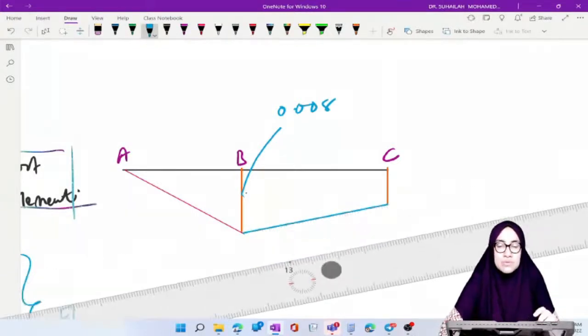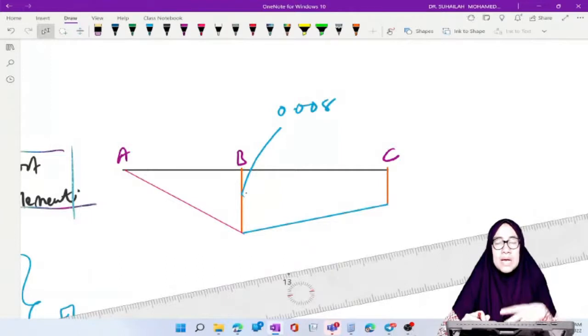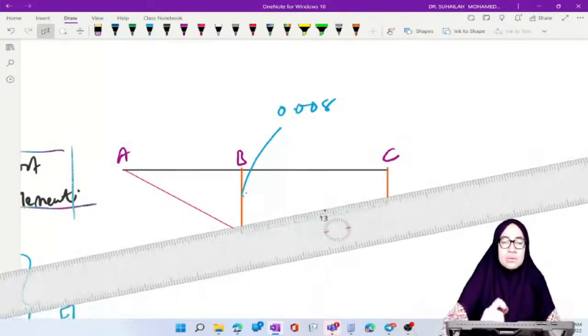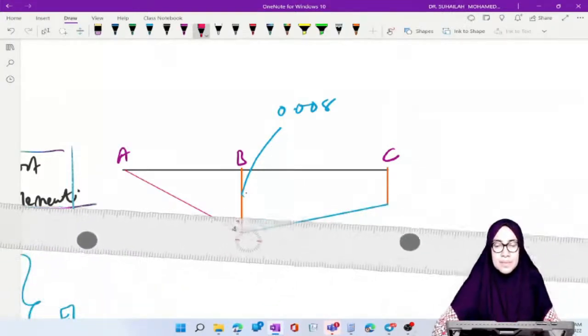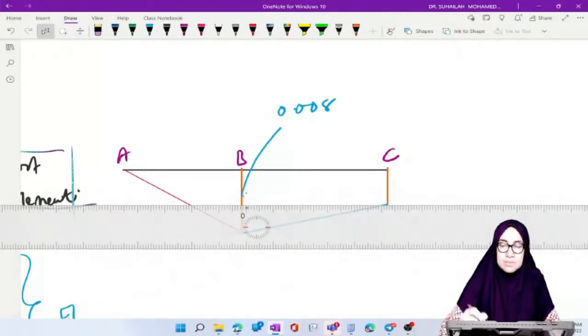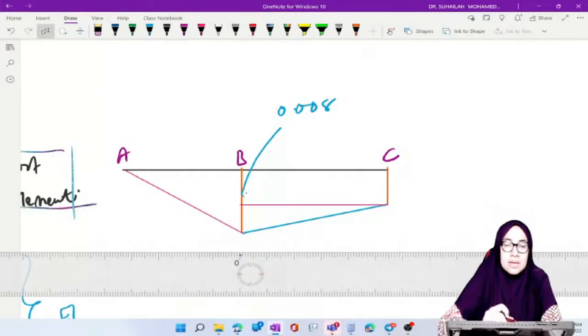As I mentioned, always find where is the triangular. So mark the triangular. Delta at C is 0.004.